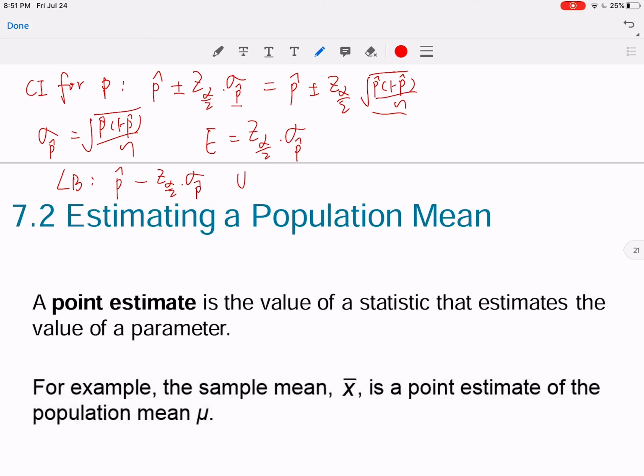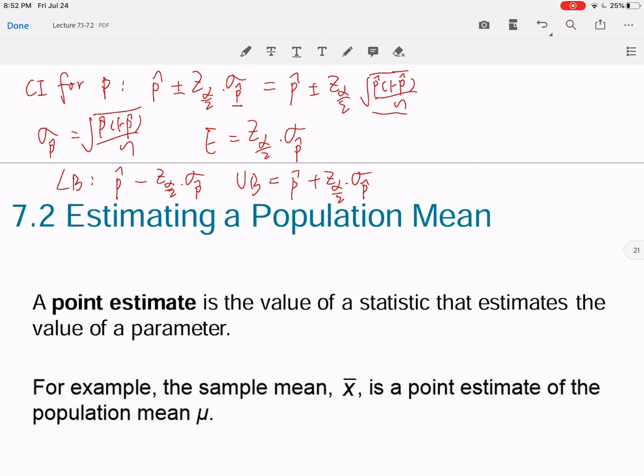And of course, the upper bound would be equal to P hat plus the margin of error, which is Z sub half alpha multiplied by sigma sub P hat. That's what we learned from section 7.1.